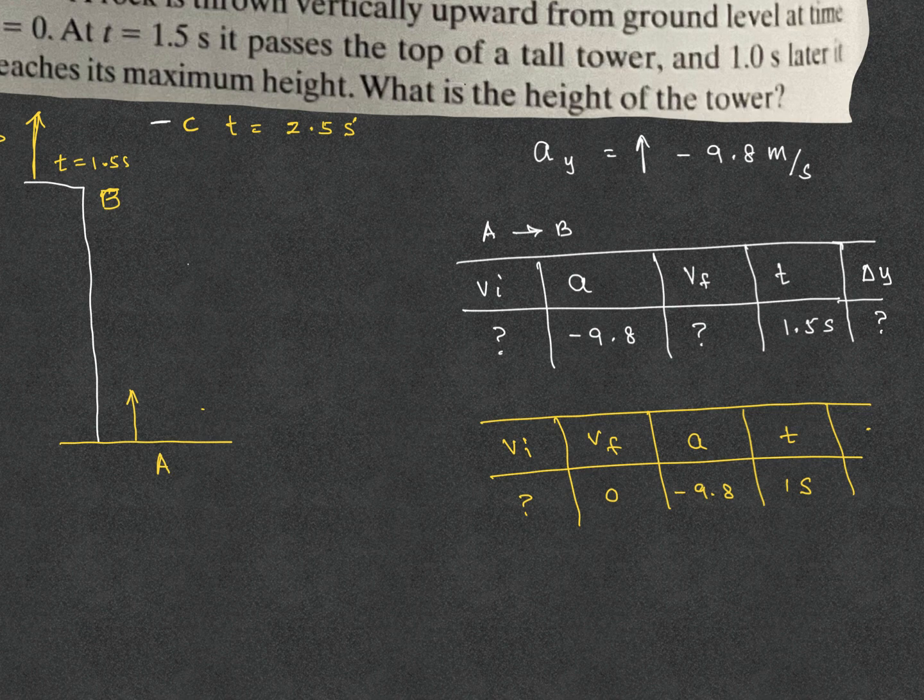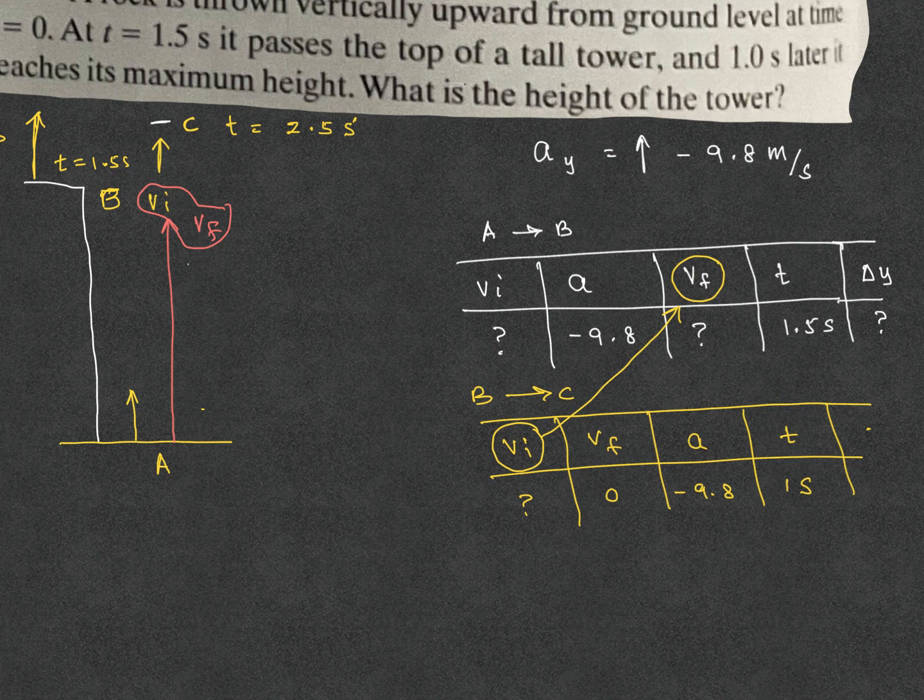From B to C motion, I am going to find the initial velocity, and this initial velocity is going to be the final velocity of the A to B motion. The initial velocity from B to C, the velocity at point B going up, is the final velocity from A to B. So basically these two are the same.